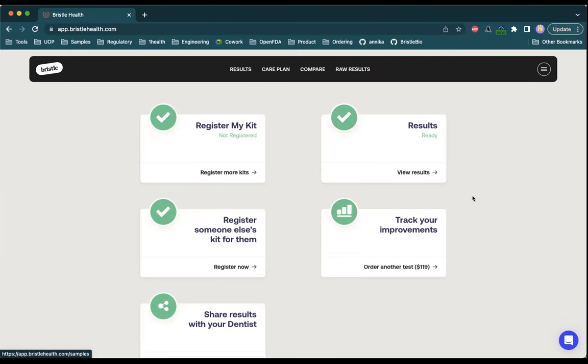There are some other tests out there. They've been in use for about, I want to say 10, 15 years, but they're only looking for 5 or 6 bugs, and they're only looking for bugs like the strep mutans bugs or P. gingivalis bug, just the bugs that are the bad boys, and that really is a very dangerous way of making clinical decisions based on just a few players.